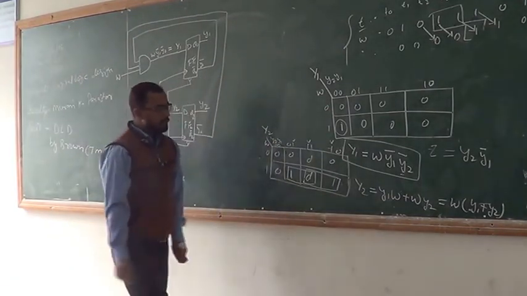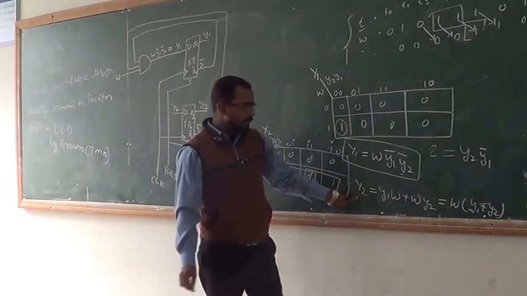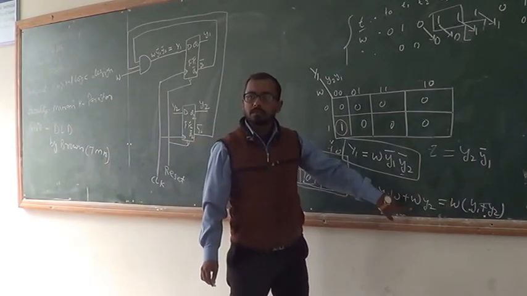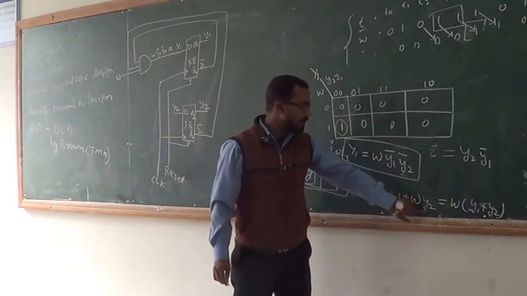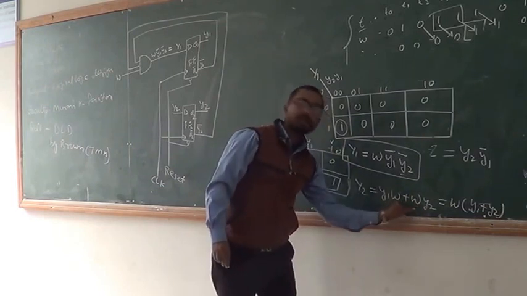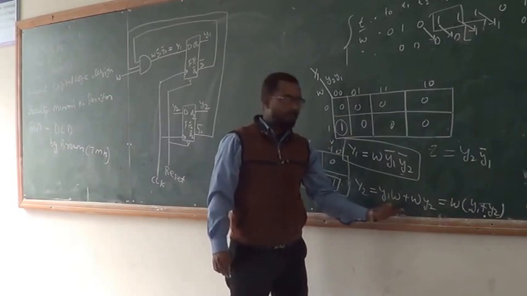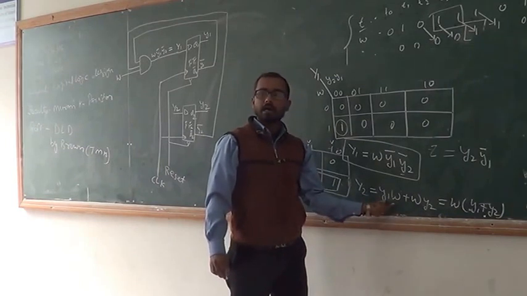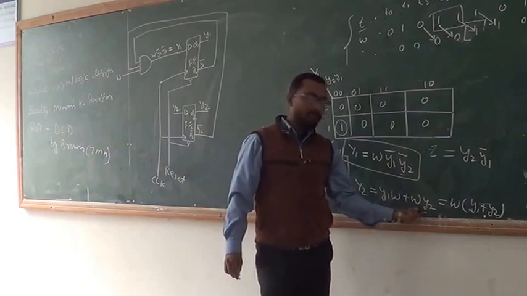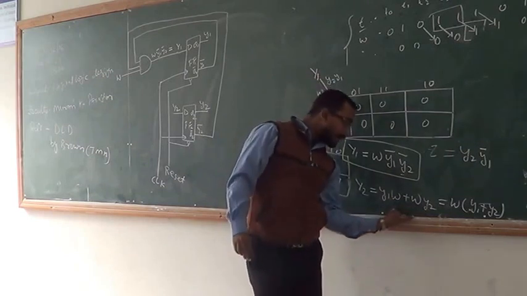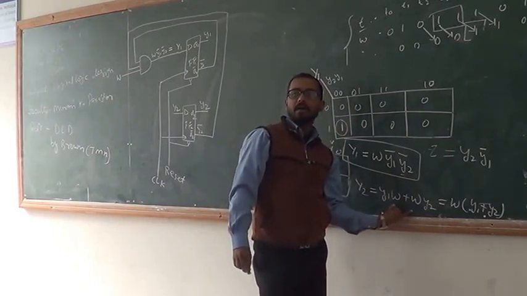Now we are going to realize y2. Y2 means this one and this one. This is in product form, and the both are in addition form. That means here you require an AND gate, here you require an AND gate, and now at last we require an OR gate.